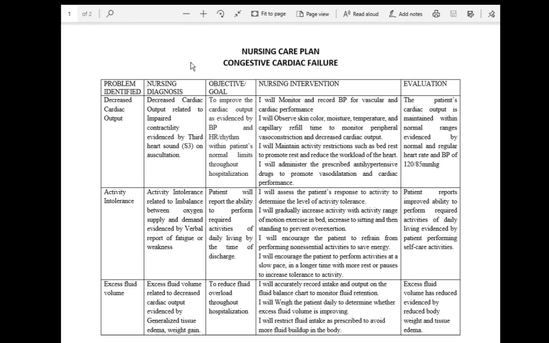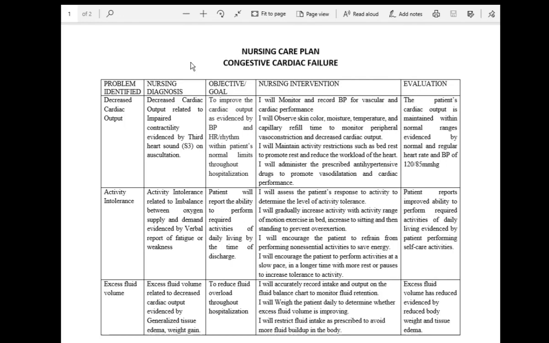And the other point that we can put is I will administer digoxin to promote cardiac performance or cardiac contractility. So you find that digoxin here is a drug that will help the heart to contract better, to improve the contractility of the heart. So that is another drug that we can give while nursing our patient with decreased cardiac output.